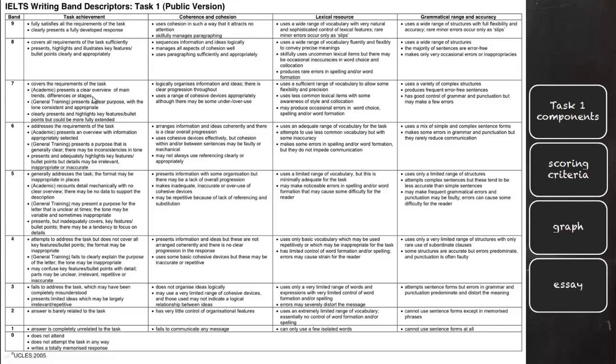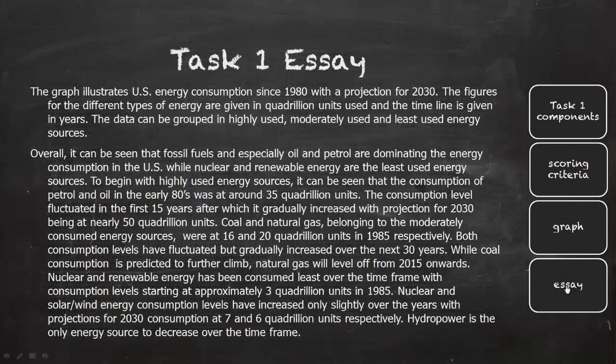Clearly presents and highlights key features and bullet points. So that's what I did. Not only did I paraphrase it, but I've gone a step further, and I have shown how the figures are given. They're given in units and they're given in years.